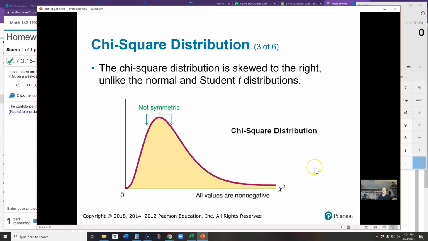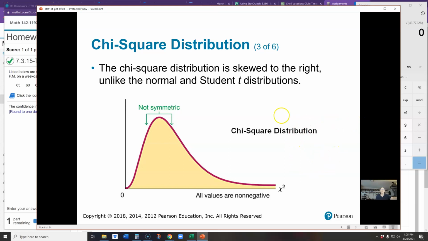So here is what our graph looks like. And so here's how things for the chi-square distribution are more different than they were for a normal distribution or for a t-distribution. Because a chi-square distribution is skewed to the right. So that means we lose the properties of symmetry that we had with the normal distribution.